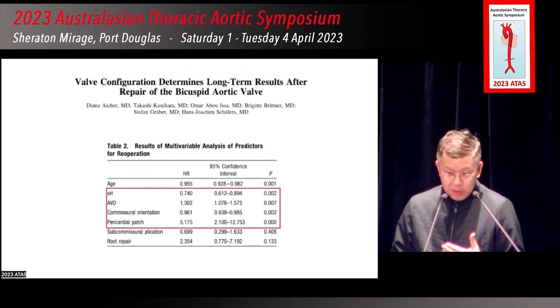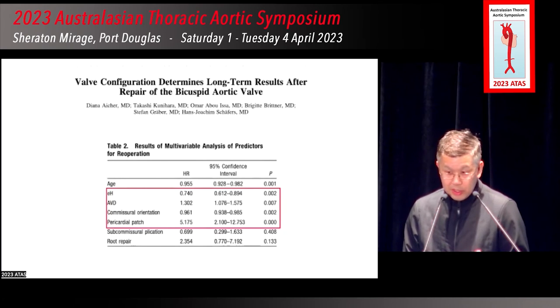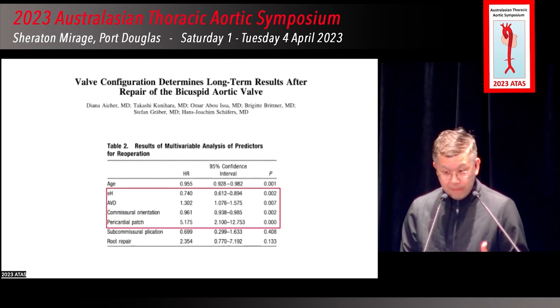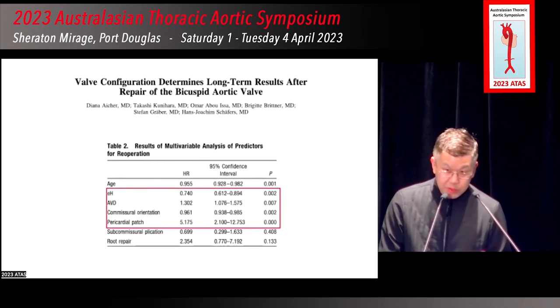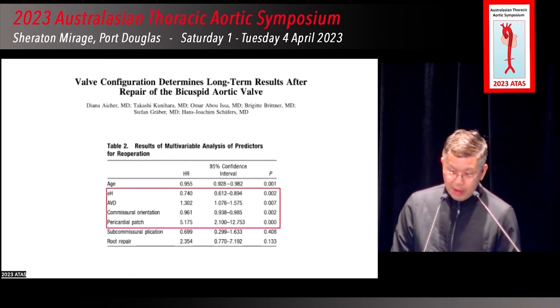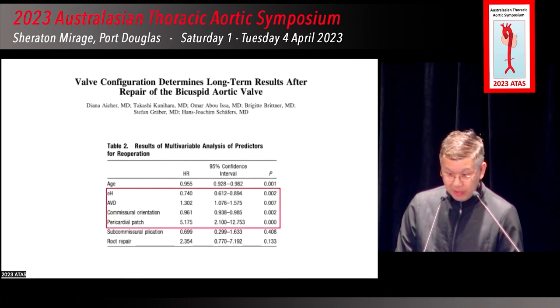And so we gained an understanding that valve configuration does determine the long-term results. The predictors for reoperation from Schäfers' group, which advocates the remodeling technique, are effective height, aortoventricular diameter, the orientation of the commissure, and the need for pericardial patch.